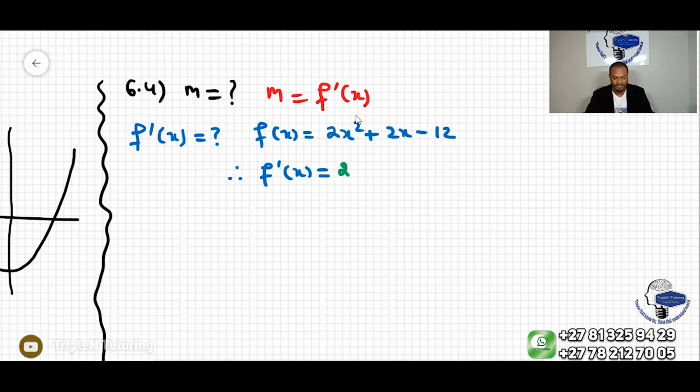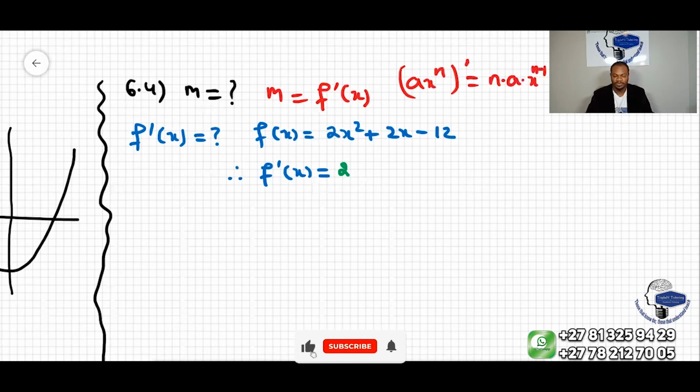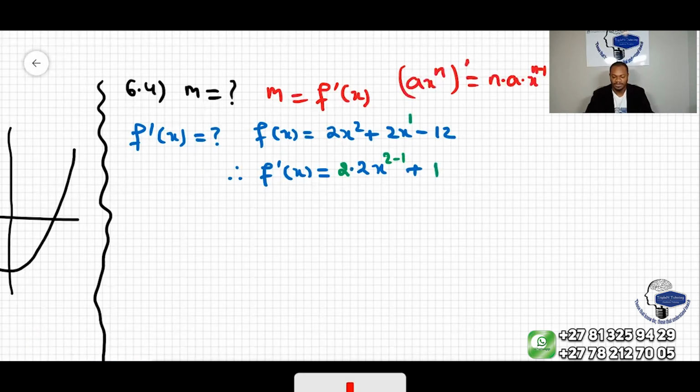Let me write the formula first. When we have ax to the power of n, the derivative is n times a times x to the n minus 1. Now this is what you're going to do. 2 gets down times 2x to the power of 2 minus 1, and then plus the exponent here is just 1, so it's 1 times 2x to the 1 minus 1.